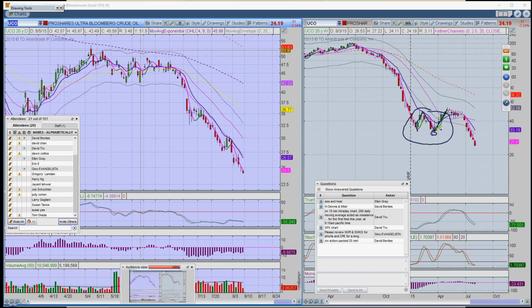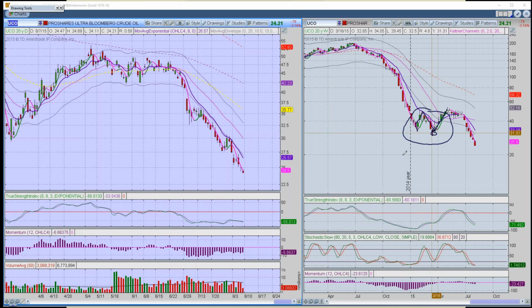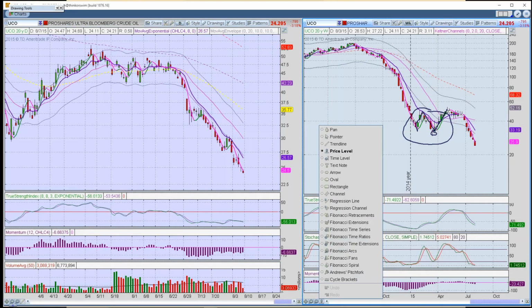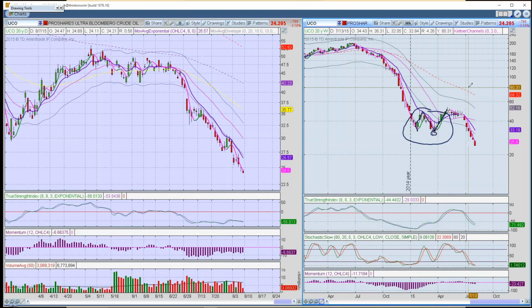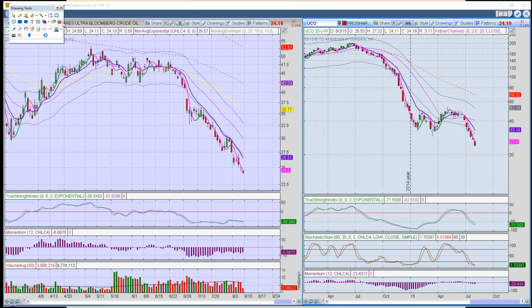That led to a really nice little gain, very quick, a few weeks, from the hammer here up to the top of about 20 bucks. So just something to keep your eye on. It's not there yet. There's a lot of people saying that oil is going to remain weak. So we shall see.